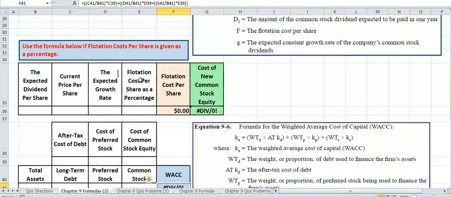If you're given the flotation cost per share as a percentage of the current stock price, you would use this table right here and just put in the percentage you're given, and then your stock price here, and that's going to compute your actual dollar amount. It's just going to multiply the share price by the percentage of the flotation cost.